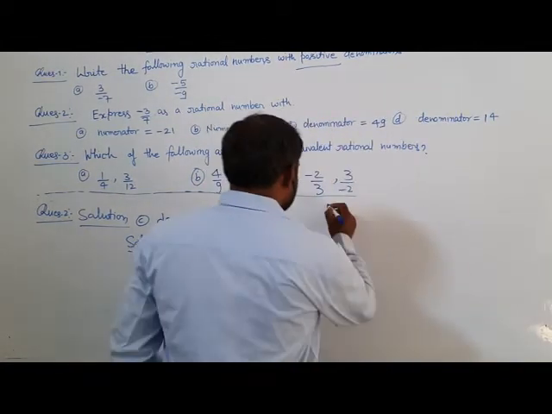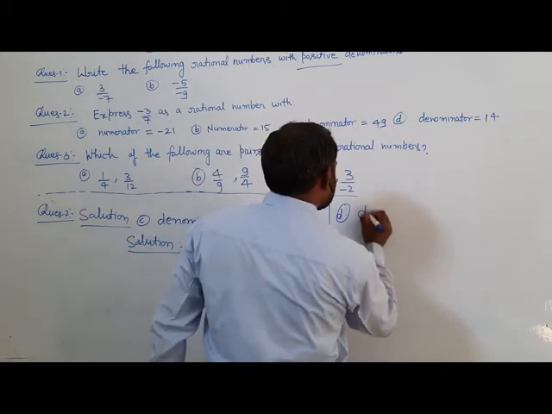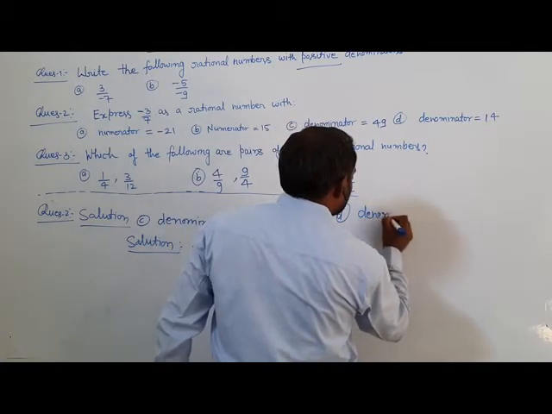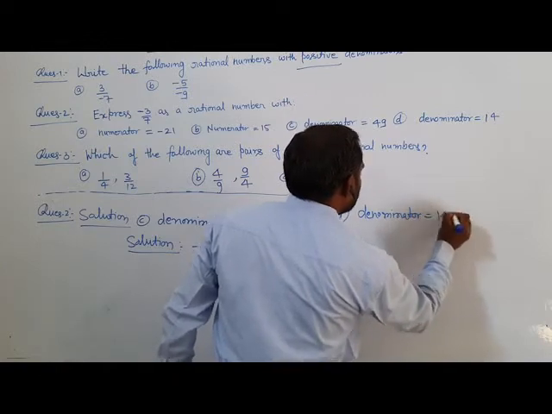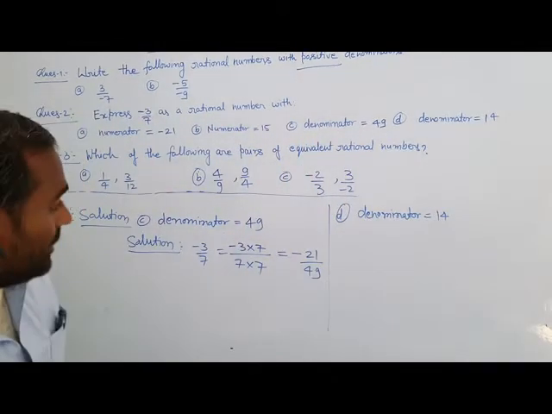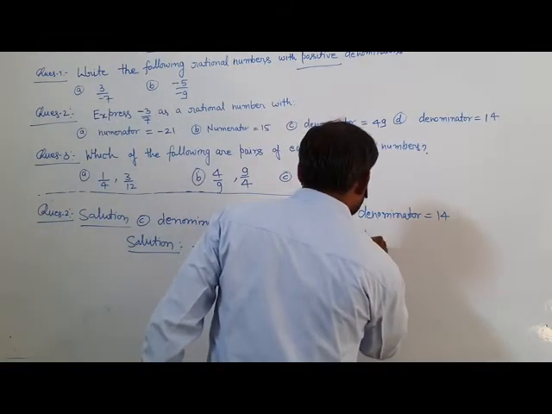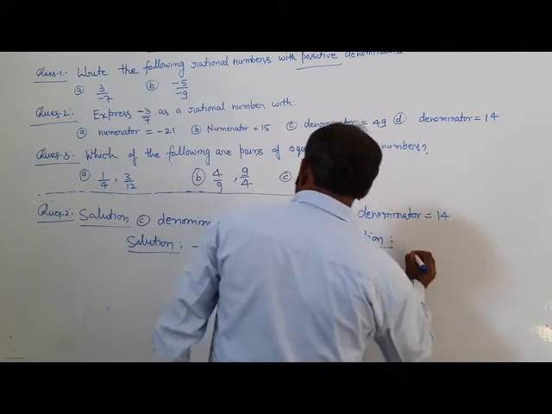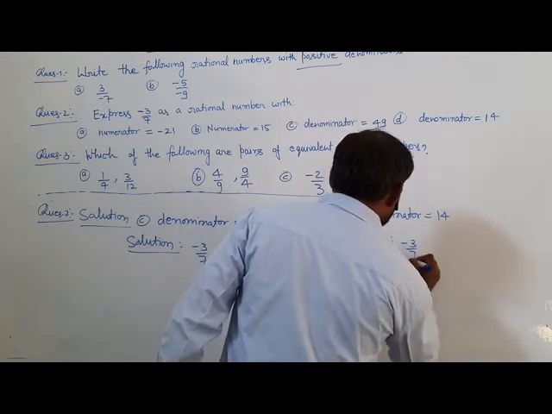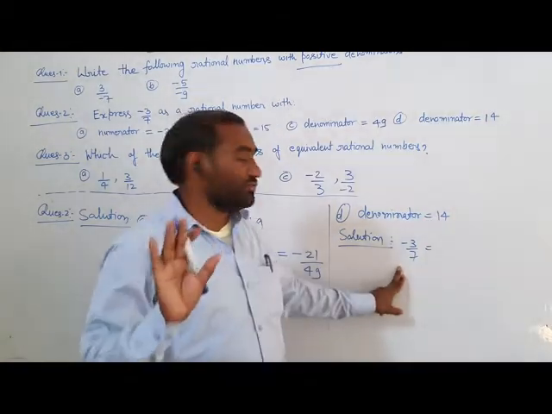Now option B, denominator is 40. Original rational number is minus 3 by 7. Here the denominator is positive, here also, so there is no need to change the sign.